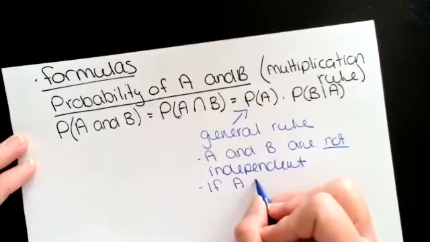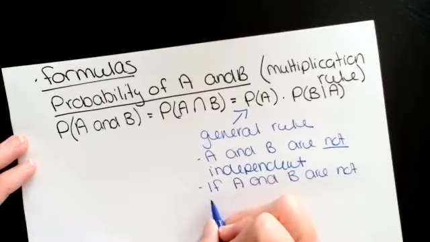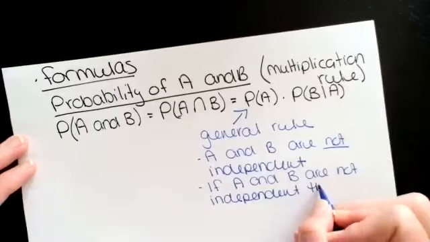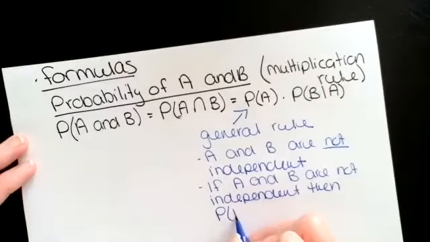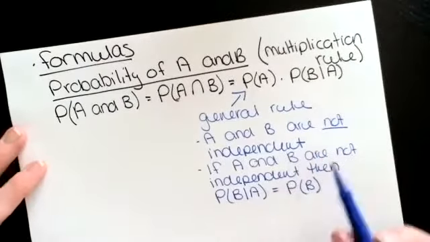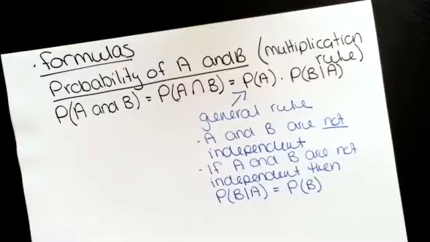If A and B are independent, then the probability of B given A is just equal to the probability of B. And I already said that verbally, but what I'm just saying here is that if A and B are independent, A doesn't affect B. So probability of B, knowing that A's occurred, is just gonna be the probability of B because A doesn't affect it, okay?